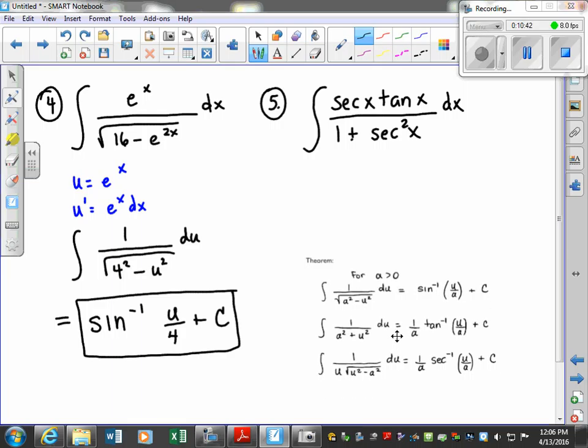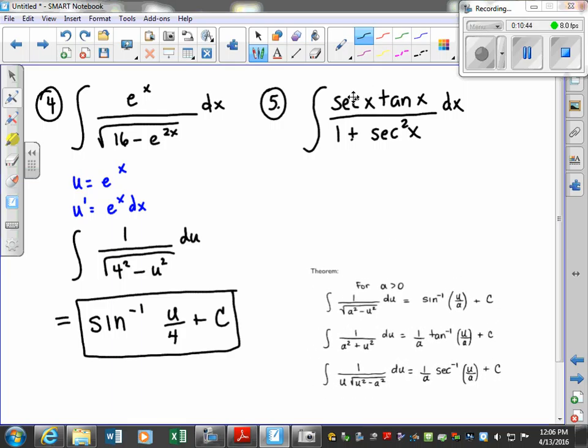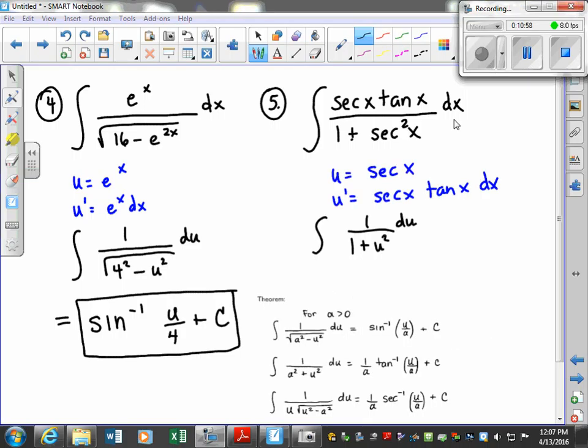Okay, I'll leave our formulas pulled up. So secant x, tan x, 1 plus secant squared x. Which one of these do you think it's similar to? Yeah, the second one. So see if you can figure out your a and your u and simplify this next one. Okay, so if we let our u be secant x, then u prime is secant x tangent x dx, which is nice because it's all of this.